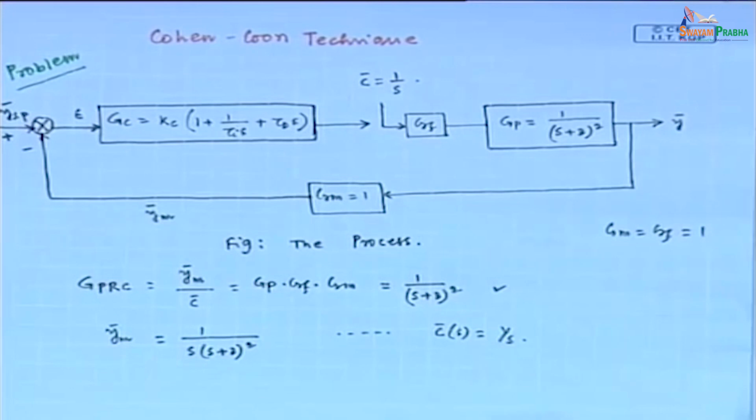We are just substituting C bar s equals 1 by s in this process reaction curve. Now, we basically need Ym in time domain. So, for that we need to expand into partial fractions.